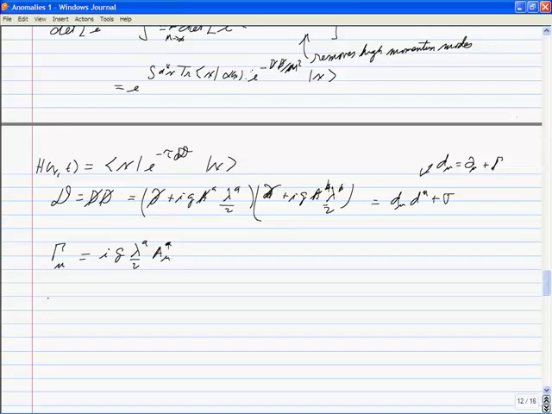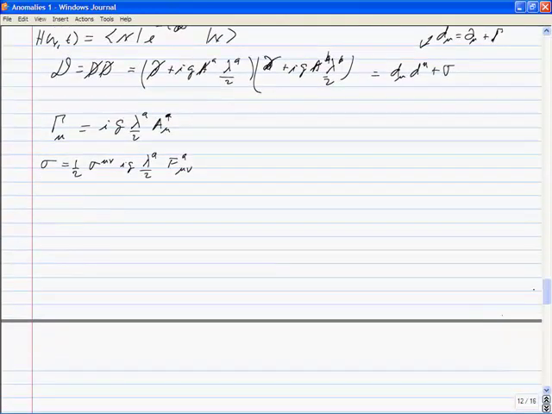So that's the easy one. And sigma is 1/2 sigma mu nu i g lambda^A over 2 F^A mu nu. Okay, and if you'll let me just complete this thing, we then do the heat kernel expansion.